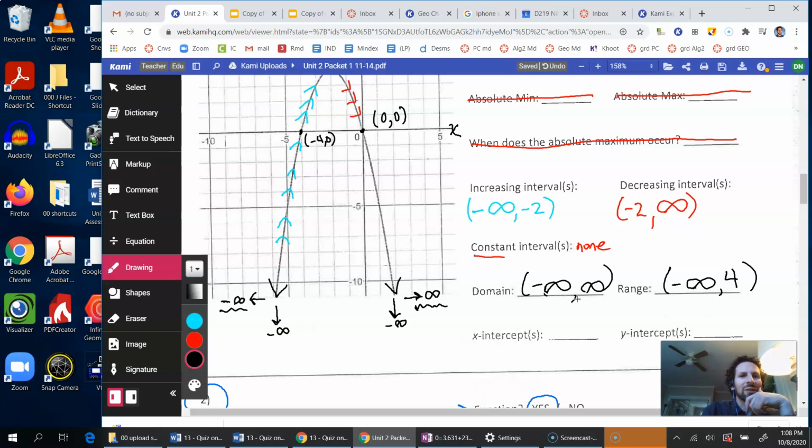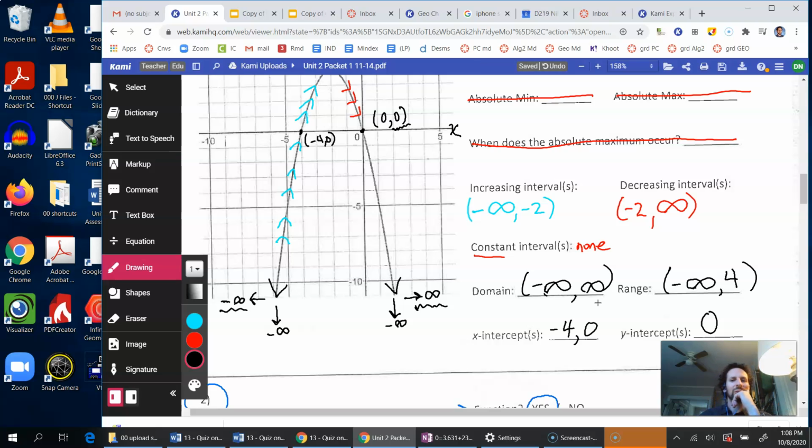So where it's crossing the x-axis, the x-intercepts, we just list the x-coordinates at -4 and at x equals 0, right here and right here. And then our y-intercept is where it crosses the y-axis, and we just list the y-coordinate, and that's going to be right here, the y-intercept at 0.